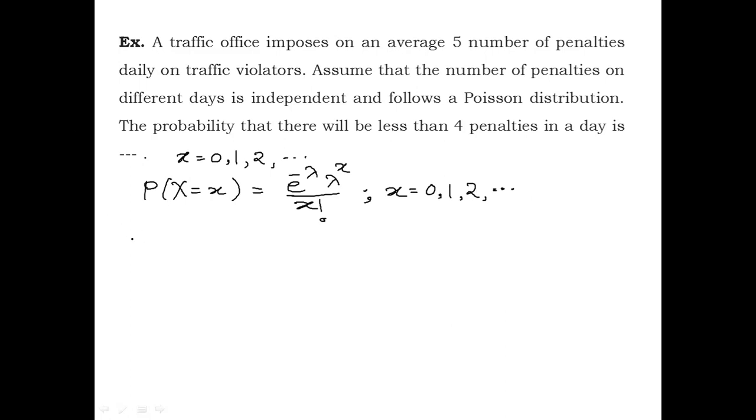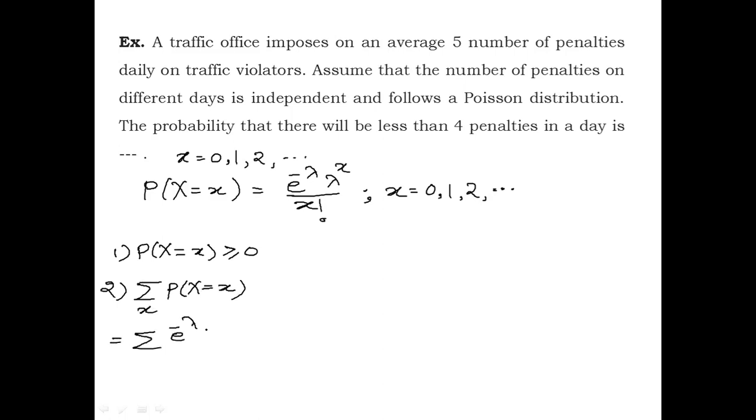And yes, it satisfies the two properties: for any x this will be greater than or equal to 0, and the summation of all these probabilities for all possible values. So this will be e to the power minus lambda, lambda to the power x upon x factorial, x from 0 to infinity.